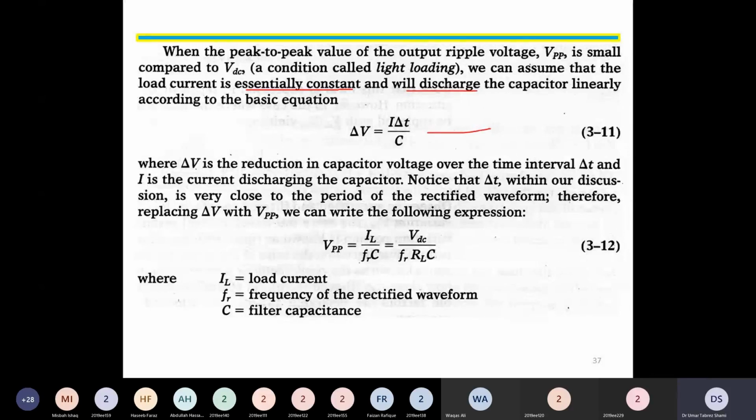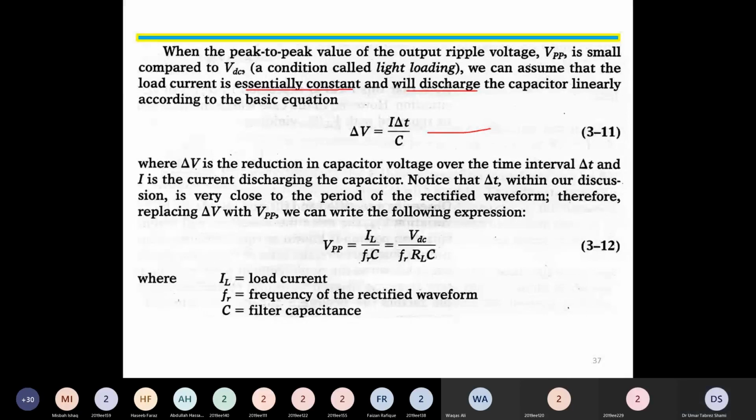So in equation 3.12, we have observed that in the case of a half-wave rectifier with a capacitor, the ripple voltage is essentially equal to VPP, the peak-to-peak output voltage. So delta V is replaced by VPP. Secondly, delta T is the time during which delta V occurs, and this is essentially 1 over the frequency, or essentially equal to the time period.